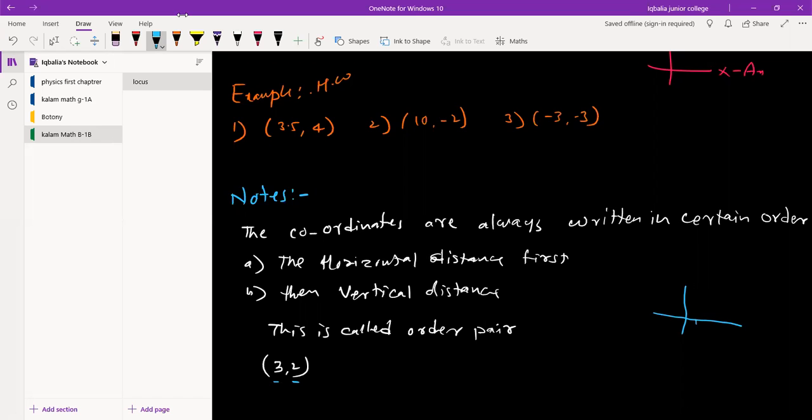So here 1, 2, 3, and here 1, 2. So the point is here. So what I'm going to call an ordered pair.